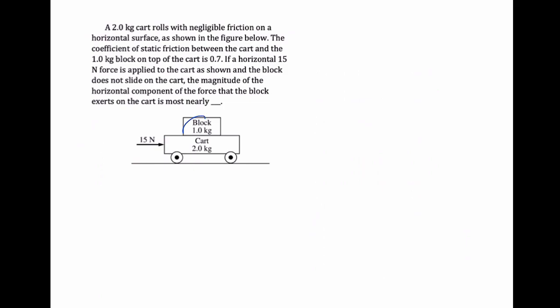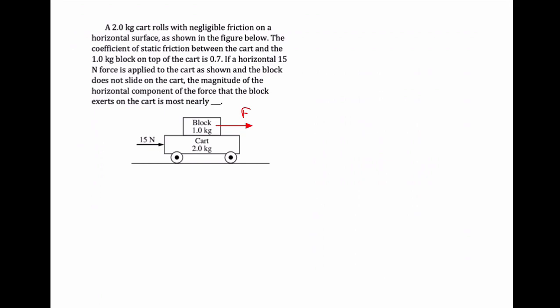And the reason why the top block is moving to the right is because it receives a force from the bottom block. So there is a force from object 2 to object 1. However, this force is actually a force of friction.